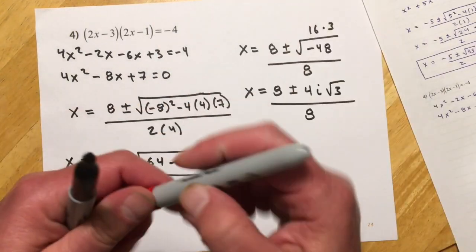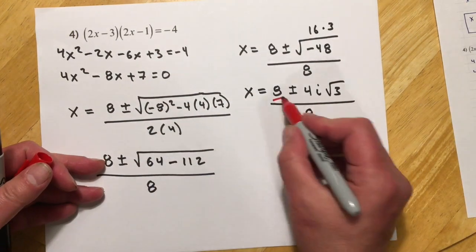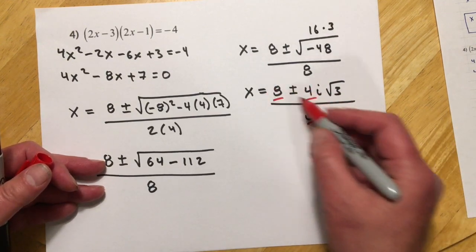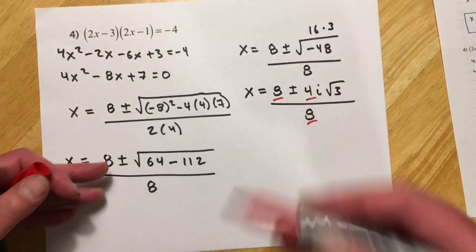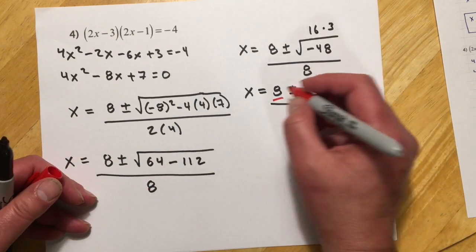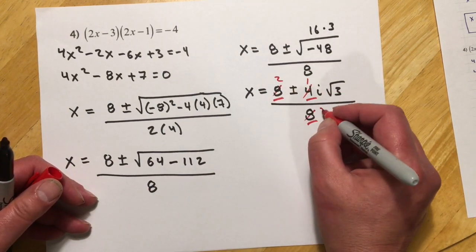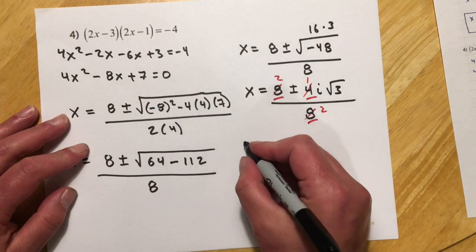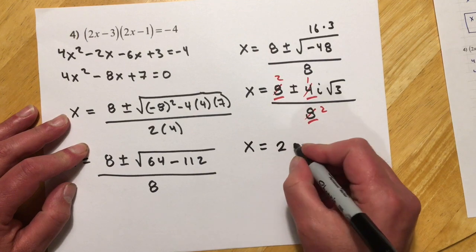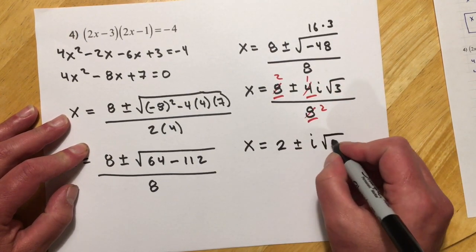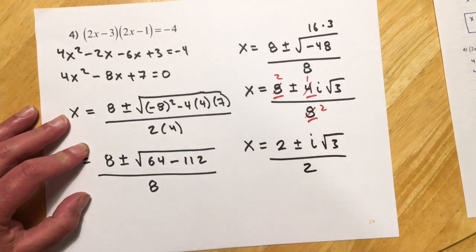And so now, whatever the biggest thing is that divides into all 3 of those, that's what we can cancel. So 4 goes into everything, so 4 goes into 4, 1, 2, and 2. So the final on this will be x equals 2 plus or minus, I don't need the 1i, so I'll just write i root 3 over 2.